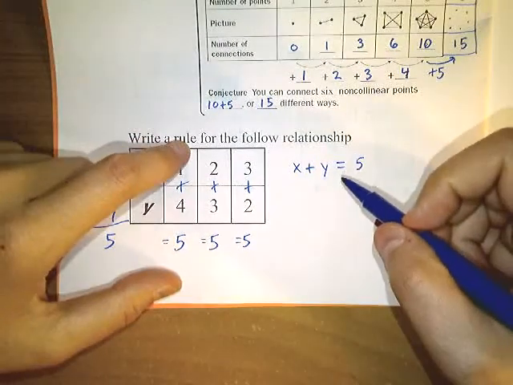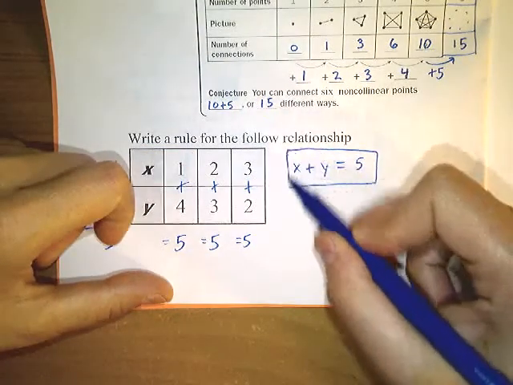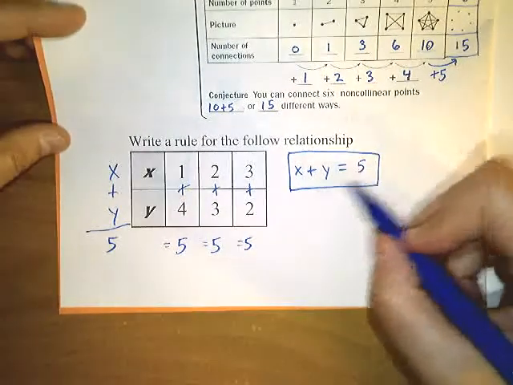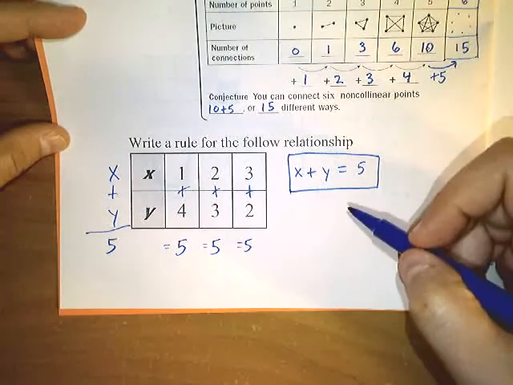Now they didn't say write an equation or a linear equation, so I would say that this kind of rule is okay. Now if they did ask you for a linear equation or a function, you couldn't write it this way because equations are written y equals and then everything else on the other side.